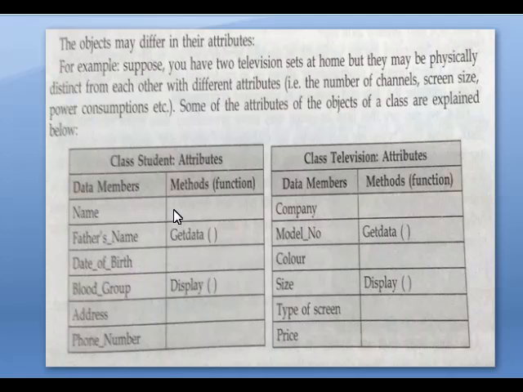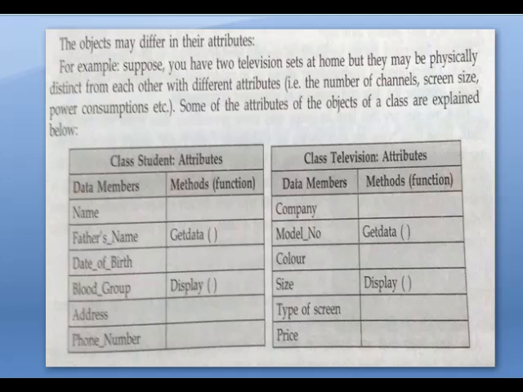These are the common fields, but the methods will be different. If the name of a student is Ram, his father's name is different, his date of birth is different, the blood group, address, and phone number are also different. So the data members are the same but their attributes are different. One example is student, another example is television.